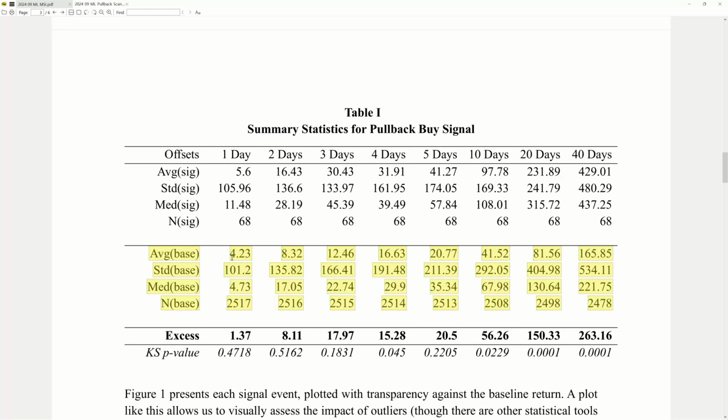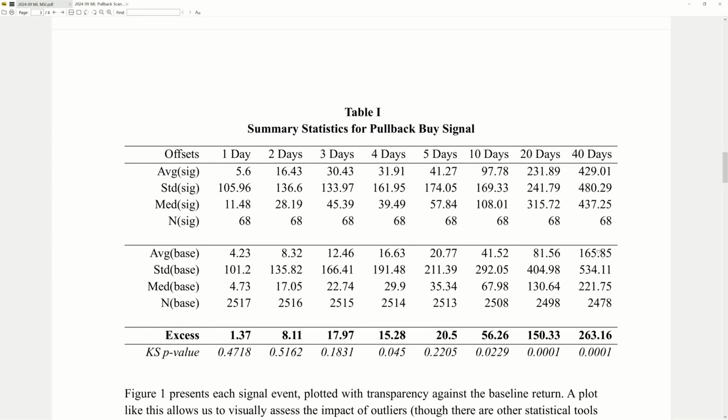This is the unconditional return. This is the buy and hold return, and you can see the characteristics here. This is the average percent return. There's also a median, but don't get too sidetracked by that. And then what you're looking at against that is the average of the signal.